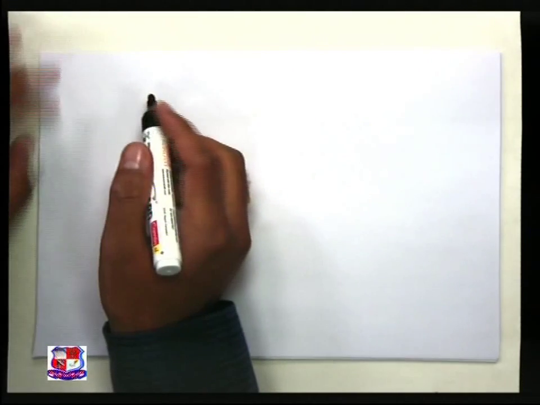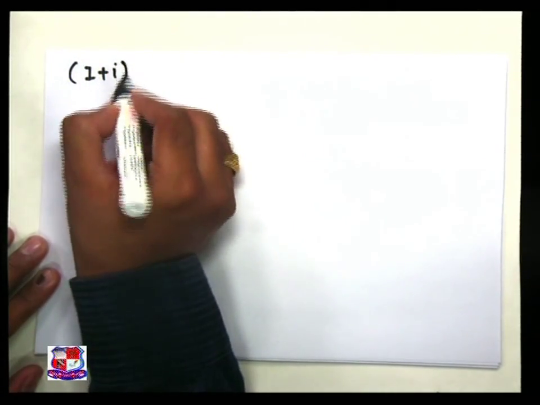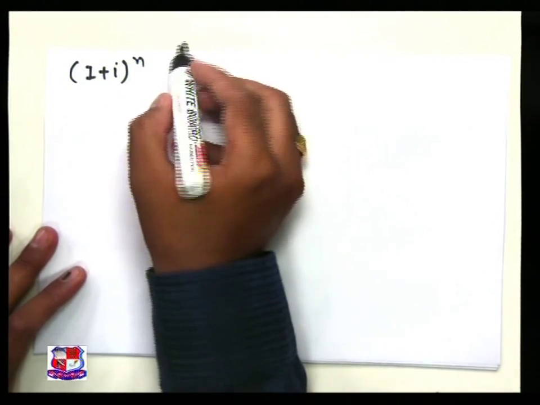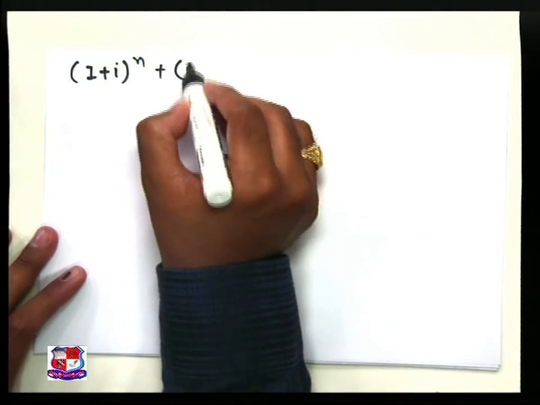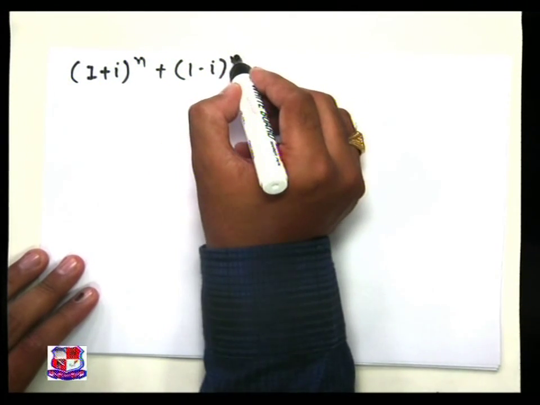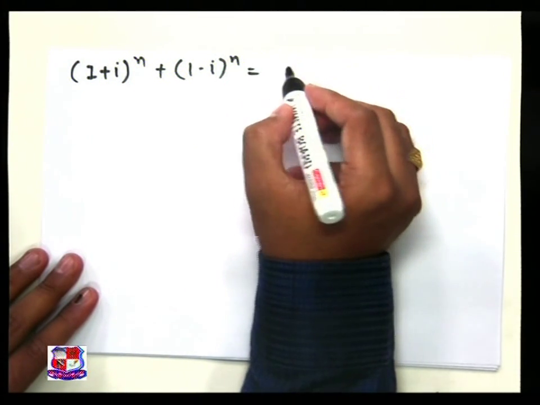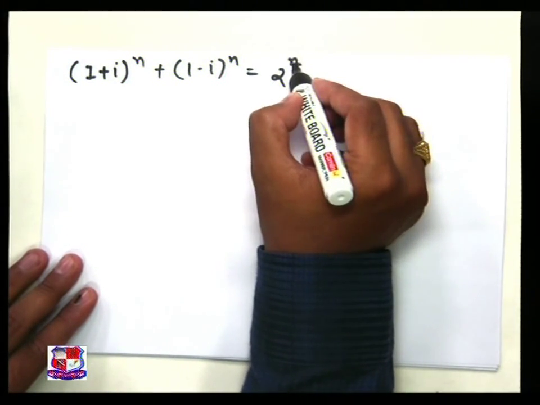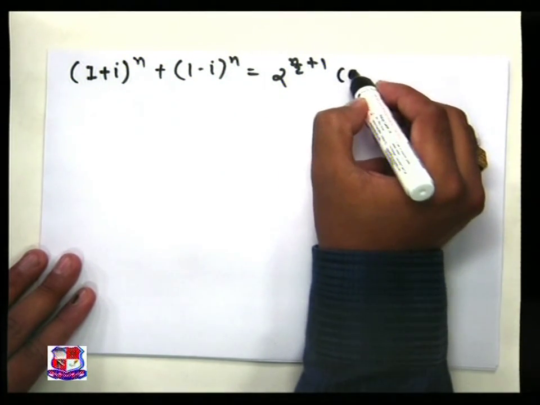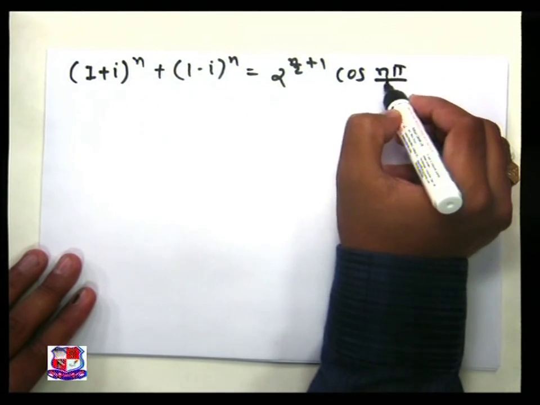That is (1 + i)^n + (1 - i)^n = 2^(n/2 + 1) cos(nπ/4).